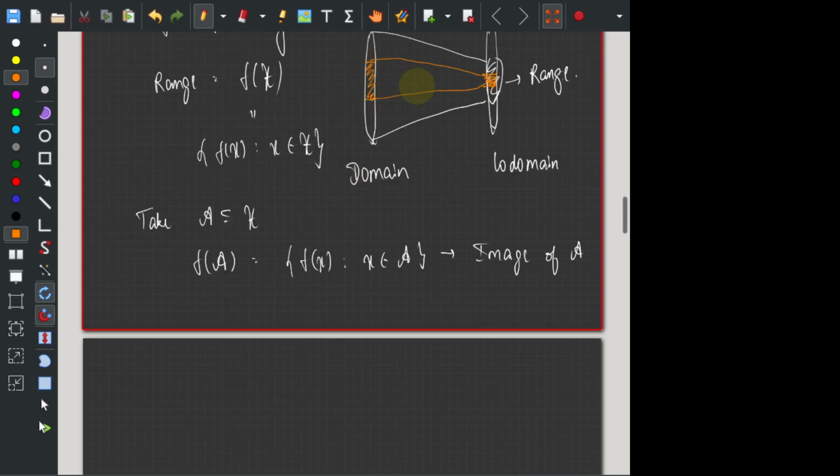Now similarly I can look the other way around. Given a subset on the right, I want to know what its inverse image is.